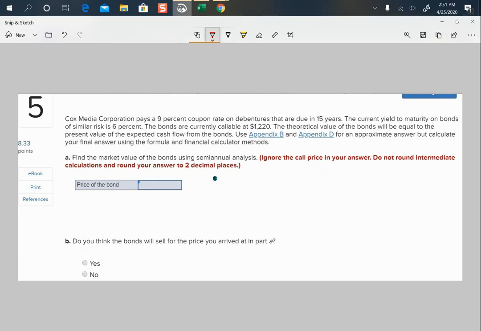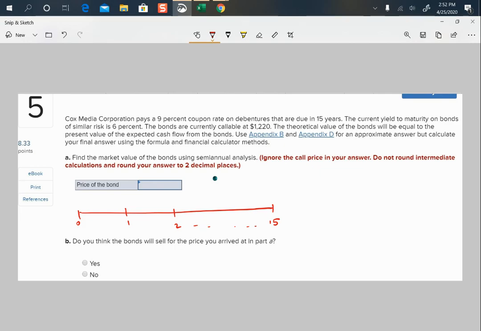So for a bond, if I just draw a timeline here to demonstrate this, we're talking of time 0, 1 year, 2 years, and all the way to 15 years. So we need to determine our cash flow, and then we also need to determine other variables.